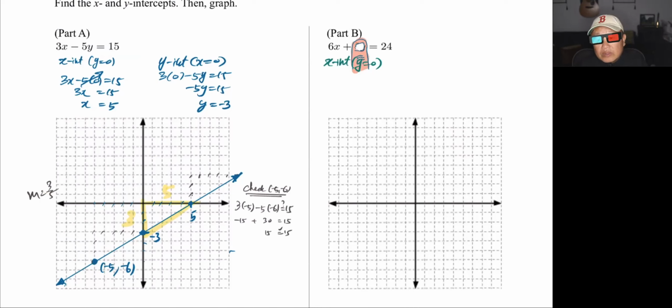Then I end up with 6x equal to 24, right? And I'm okay with that. I'm okay with just writing 6x equal to 24 because if y is equal to 0, we know that that right there disappears, doesn't it? So you get 6x equal to 24. Now from here, x is 4. So x is 4. 1, 2, 3, 4 right there.